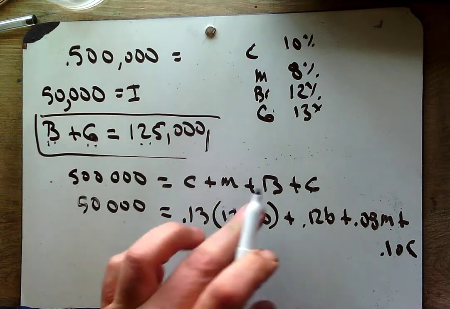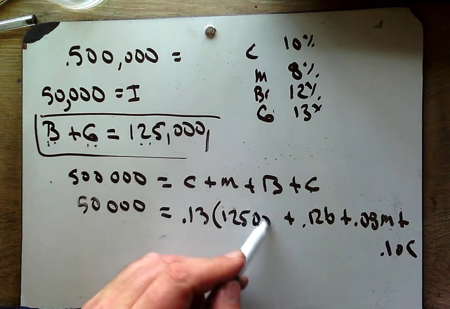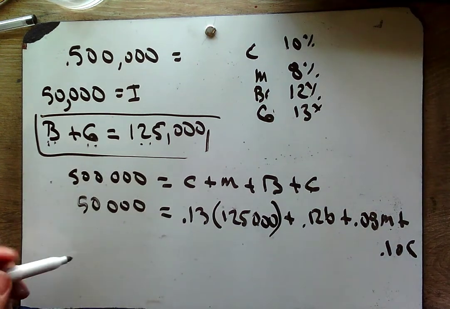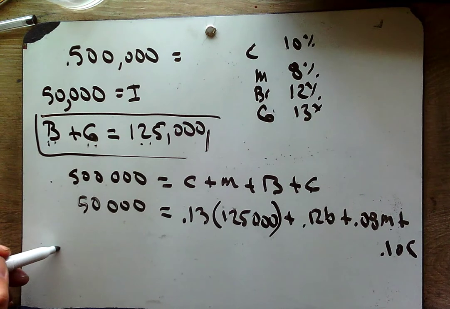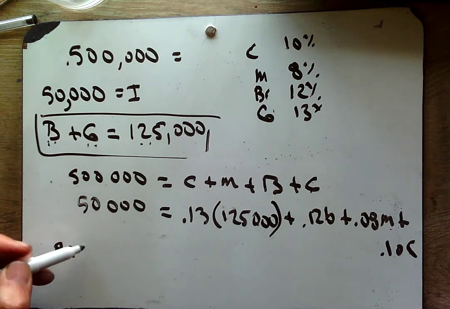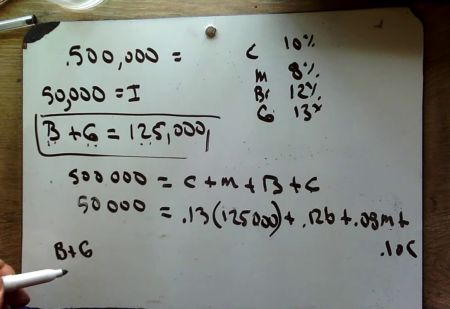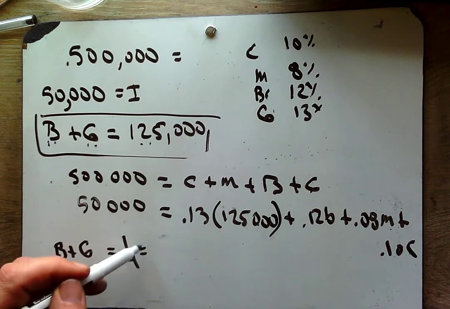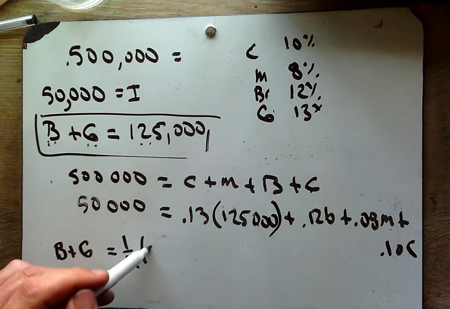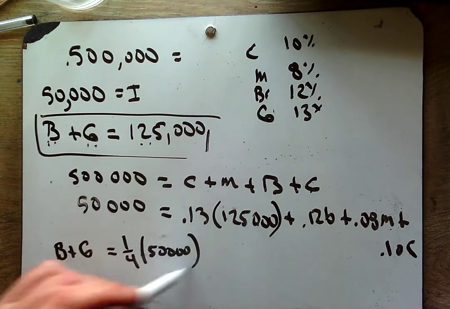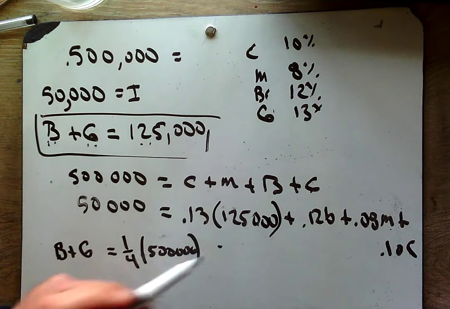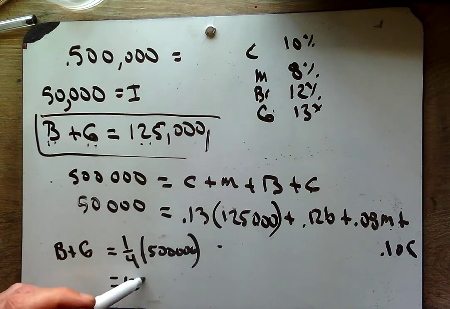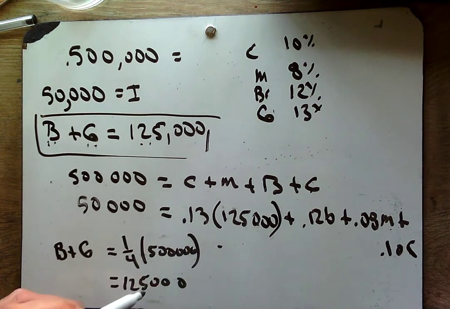Now that number, where'd that number come from? Oh, sorry, 125,000. Well, I've got down here where it says stocks. Well, stocks are blue chip plus growth. And blue chip plus growth, they said 1/4 of the total, 500,000, and we determined that that would be 125,000.